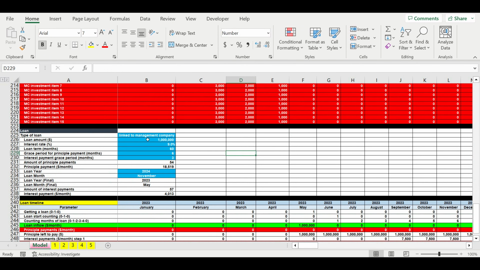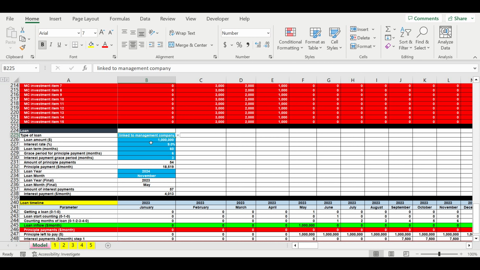Here we can specify whether we would like to look at this loan independently in the timeline. For example, we can specify manually when we are getting this loan, month and year, or we can link this loan to the moment when the management company starts operating. This can be linked automatically if we move the project from left to right.